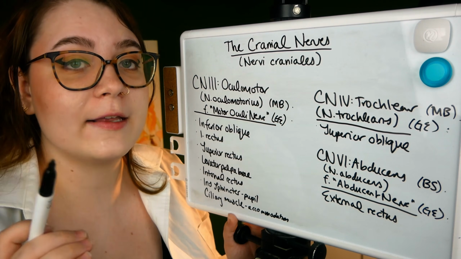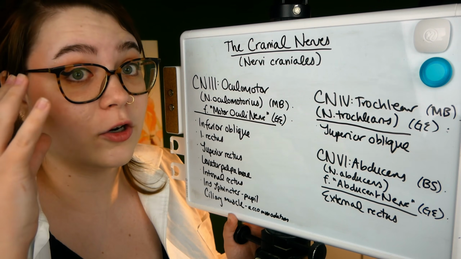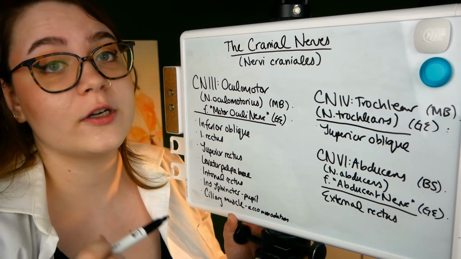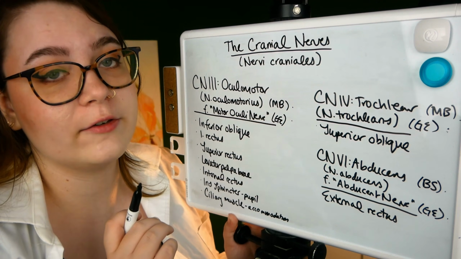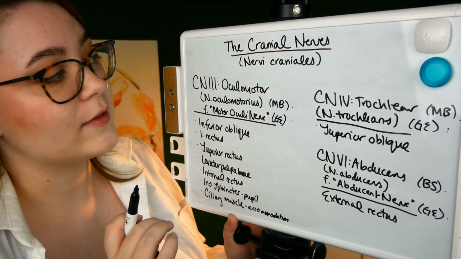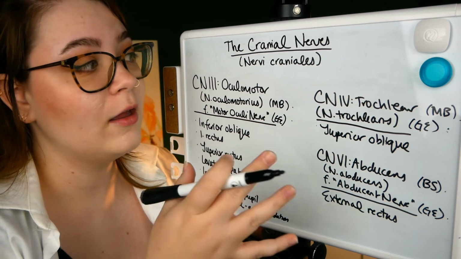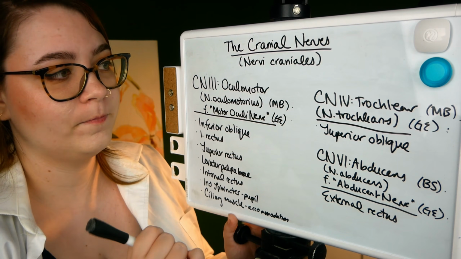So think of that as the muscle that allows your pupil to get larger or smaller. And the ciliary muscle, which allows accommodation. That's the ability for your eye to focus at different distances. So if you look at something far away, look at something up close, most likely it's pretty clear with both images, and that is thanks to the ciliary muscle.